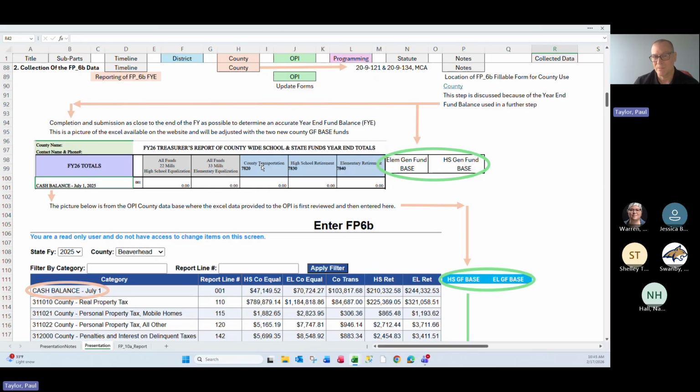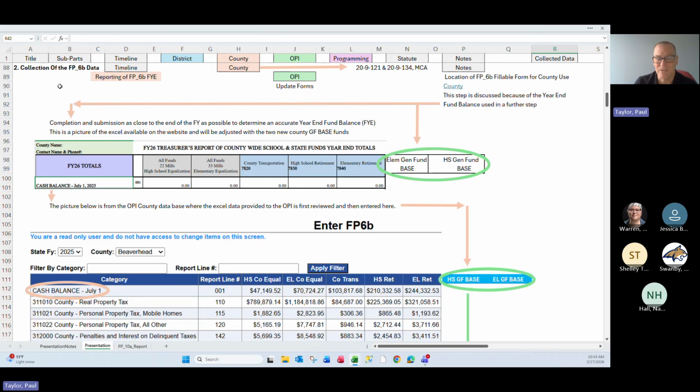These are the ones that are closer to school finance: county transportation, high school and elementary retirement. And then we're going to add a couple more columns, elementary and high school general fund base area. And it'll be done the same way. Hopefully you can record your prior year's cash balance, revenues, expenditures, and have your fund balance.